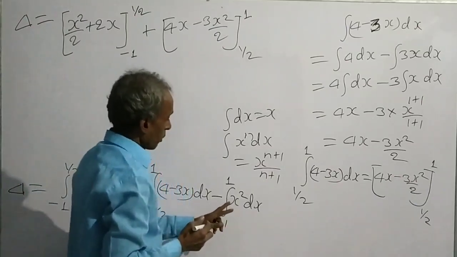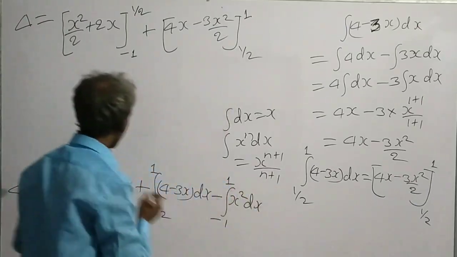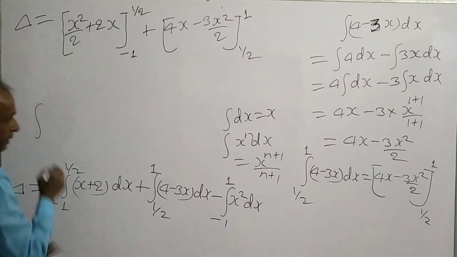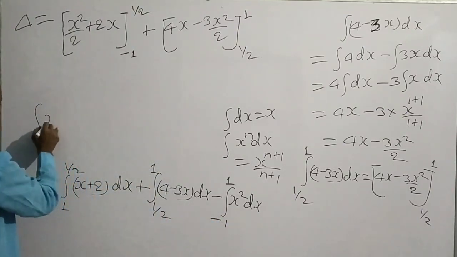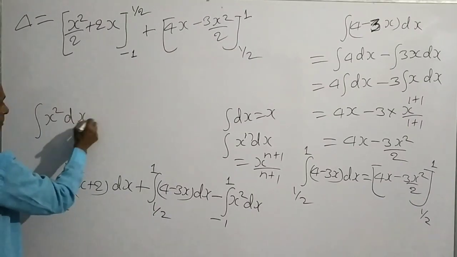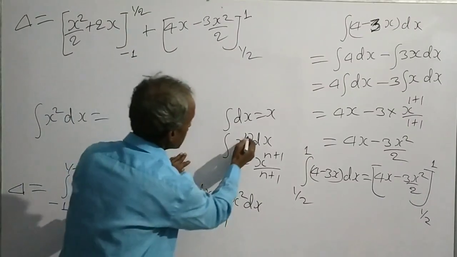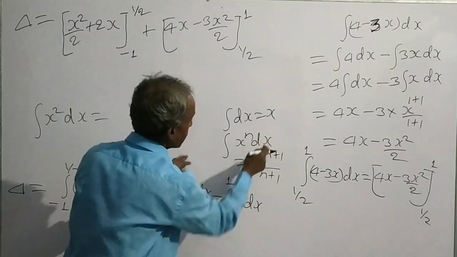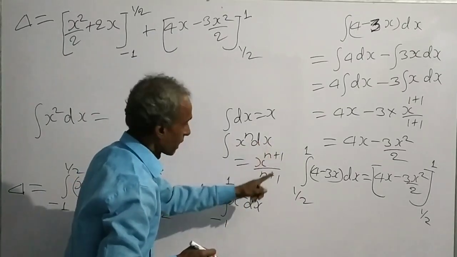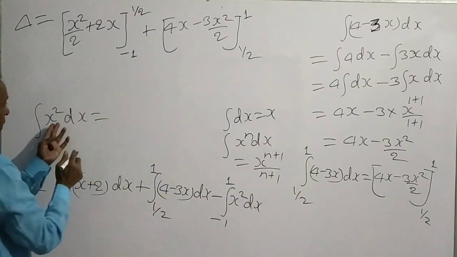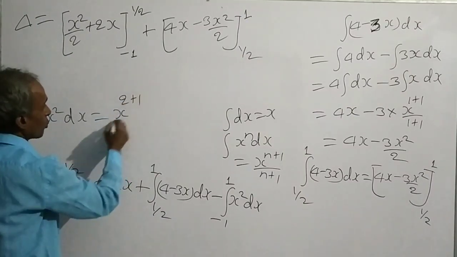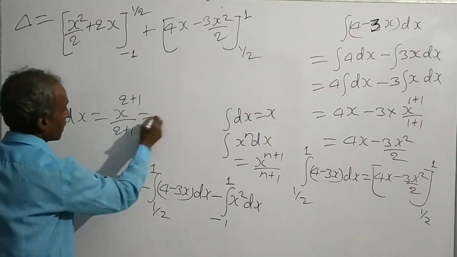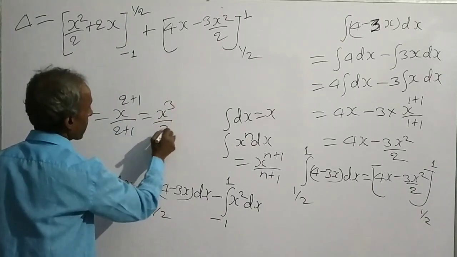Now we calculate the indefinite integration of x squared dx. By using this formula, x to the power n dx is equal to x to the power n plus 1 by n plus 1. Its value will be equal to x to the power 2 plus 1 by 2 plus 1, that is equal to x cube by 3.